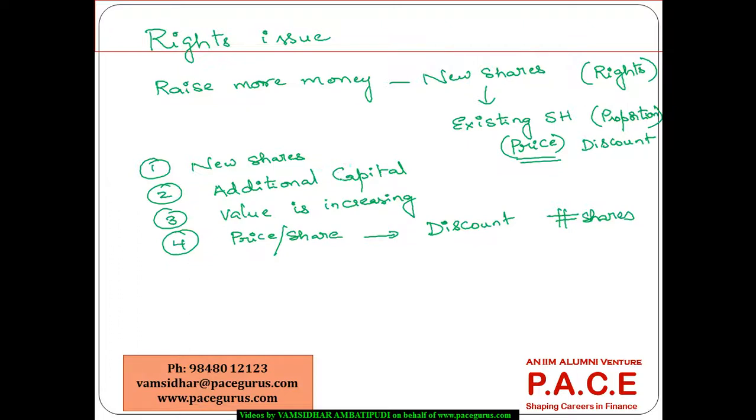Now, why does the company go for a rights issue? What is the main need for companies to go for a rights issue? One straightforward requirement is they need more money. They could have gone for a loan, or they could have tried other mechanisms, and a rights issue is one such mechanism. But when you look at the reason for needing more money so quickly, probably every company will have a different answer.